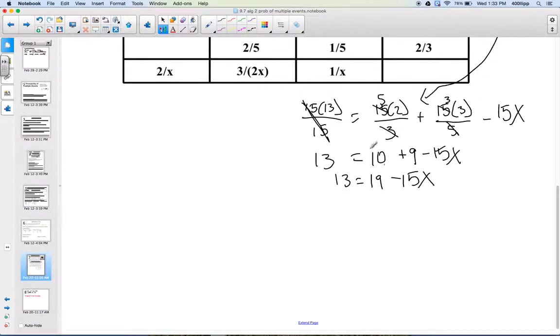Then we'll subtract 19 from both sides. We get negative 6 is equal to negative 15x.